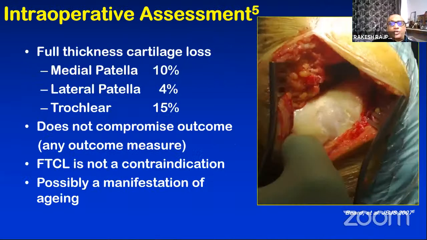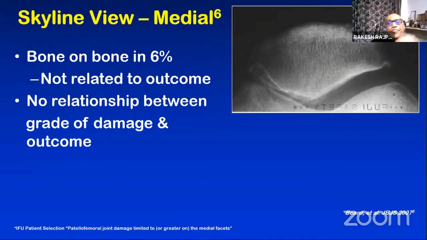Then the next question comes when you open it up and you see full thickness cartilage loss, or FTCL as we call it. Even if you have it on the medial patella, the lateral patella or the trochlea, these do not compromise the outcome. So they are not a contraindication to unicompartmental knee replacement. Now, when you do a skyline view to look at the patellofemoral articulation, even if you see bone-on-bone contact on the medial side, that is not a contraindication to UKR, because as soon as you do UKR, you will decompress this area.